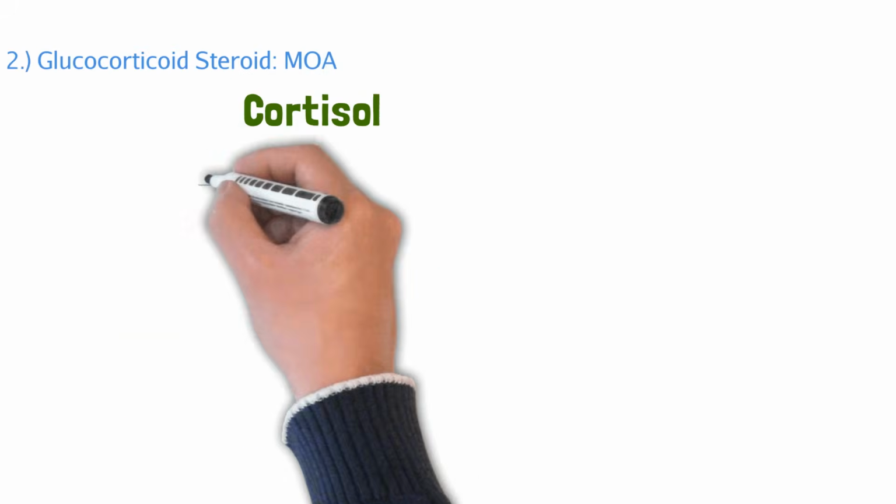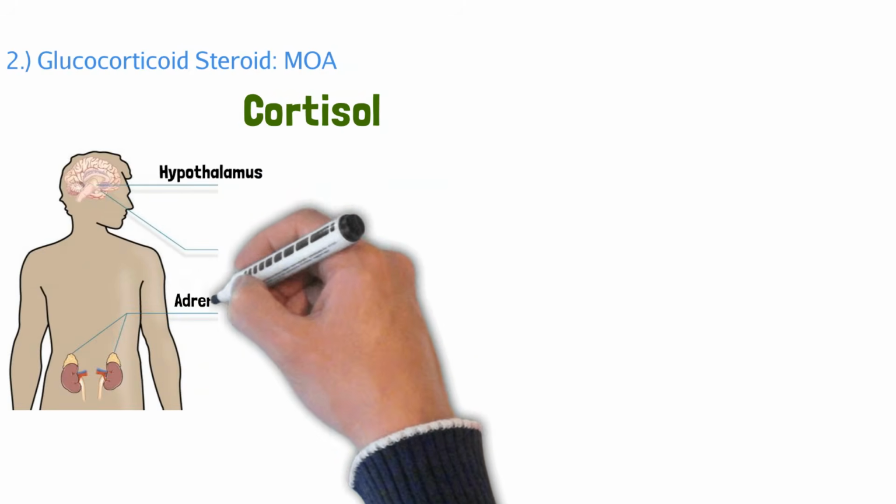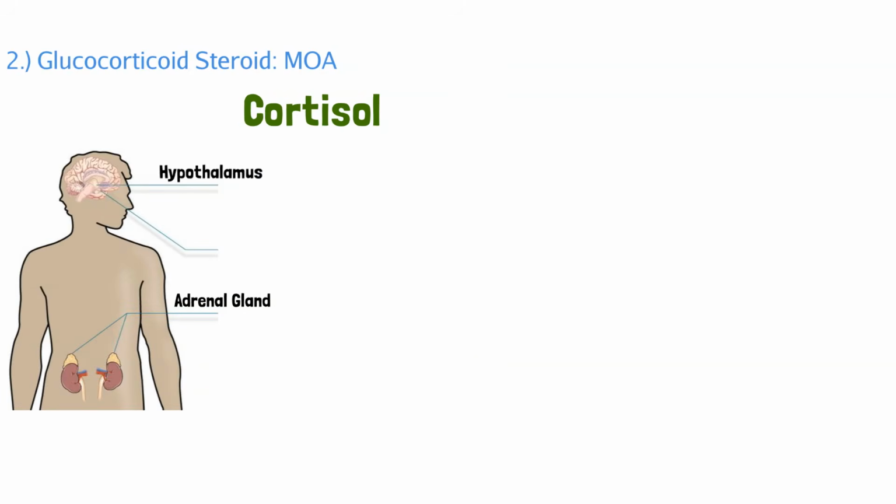Now that we have a good general understanding of glucocorticoids, let's get a little bit deeper. Let's talk about the mechanism of action. Let's talk about our natural glucocorticoid, cortisol. The way cortisol is made and released is through the hypothalamus, which is in your brain.